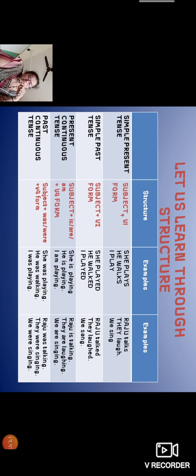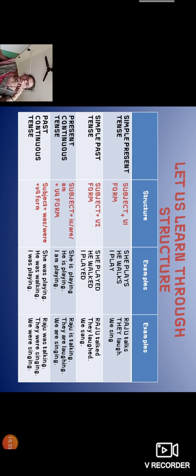So now coming to the present continuous tense. Okay, whenever you are using the present continuous tense, we take the helping verb, that is is, are, or am, plus V4 form. These are the structures, children, that you have to remember. Okay, so what is the structure for present continuous tense? That is subject plus is, or are, or am, means any one you use, depending upon the noun or pronoun, we can say it depends upon the subject, right?